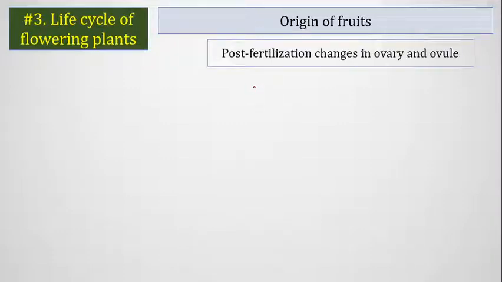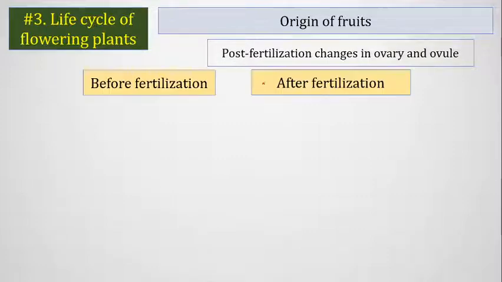So now we will discuss how fruits originate. Actually, fruits originate after fertilization in the flower. So we will discuss the changes that take place after fertilization and what was there before fertilization.